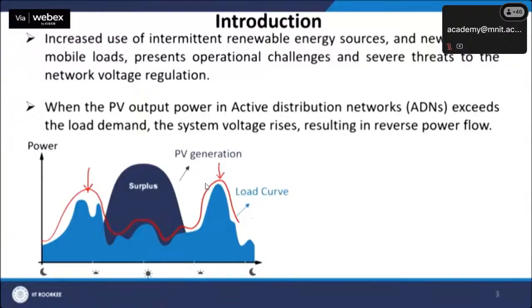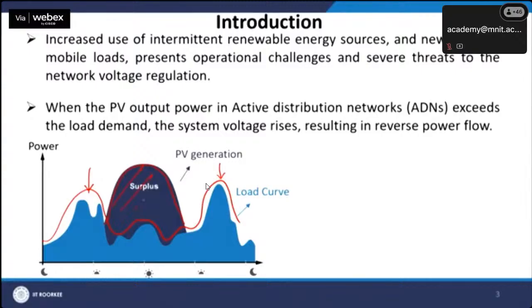Now, when you have excess PV integration to the network, especially during the off peak period, you have excess renewable PV generation available to you. That means your load is significantly less. However, the generation available is much higher than the load, which may lead to voltage increase in the system.